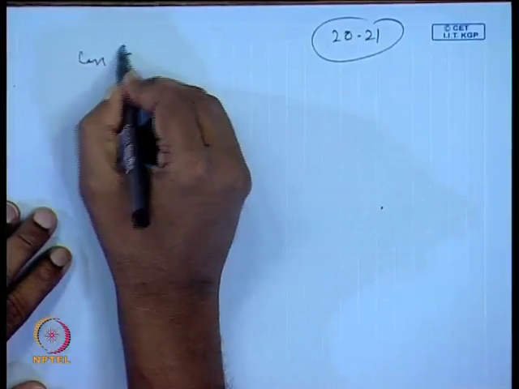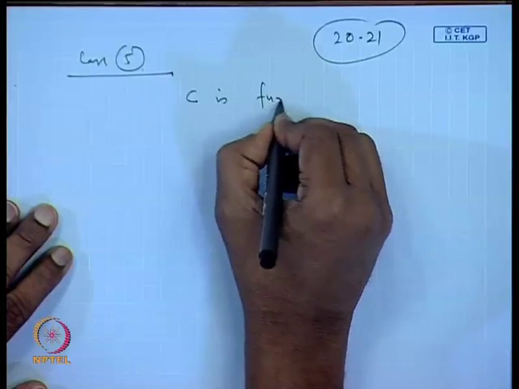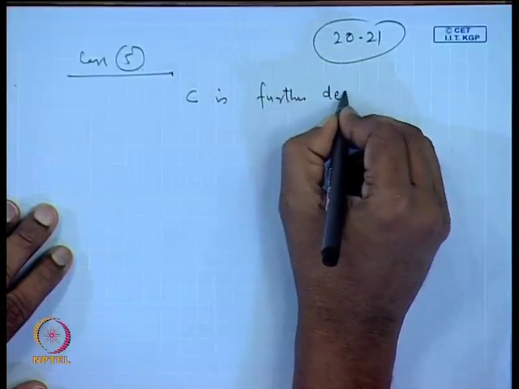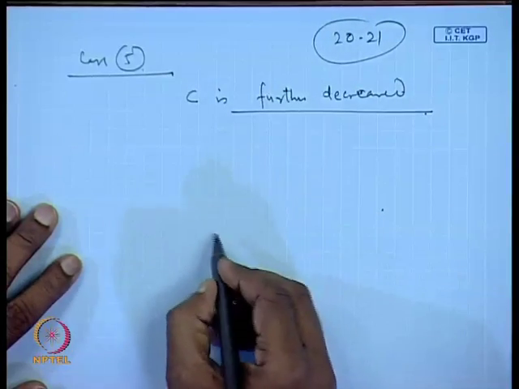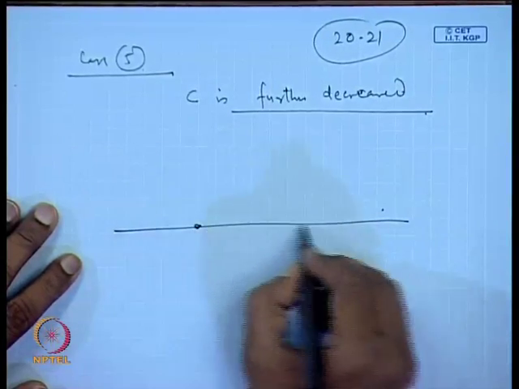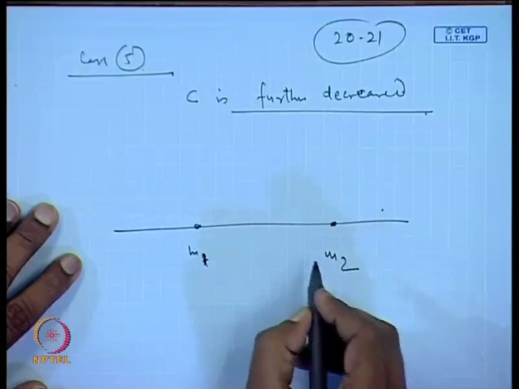So, case 5, C is further decreased. If you decrease further, then we have M1 and M2 present here.